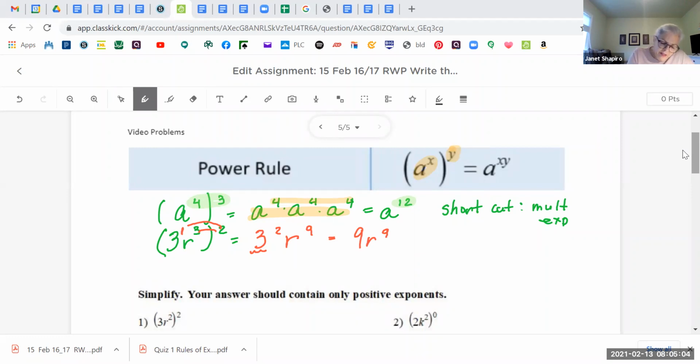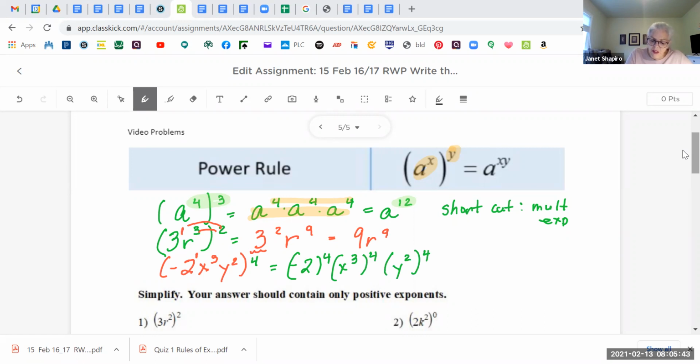If we had a negative number in here, say we have a negative 2x to the third, y to the second. Okay, we have to remember that there's an exponent of 1 with the negative 2. And if all of that is to the fourth power, that means we have negative 2 to the fourth power. We have x to the third to the fourth power, and we have y squared to the fourth power.